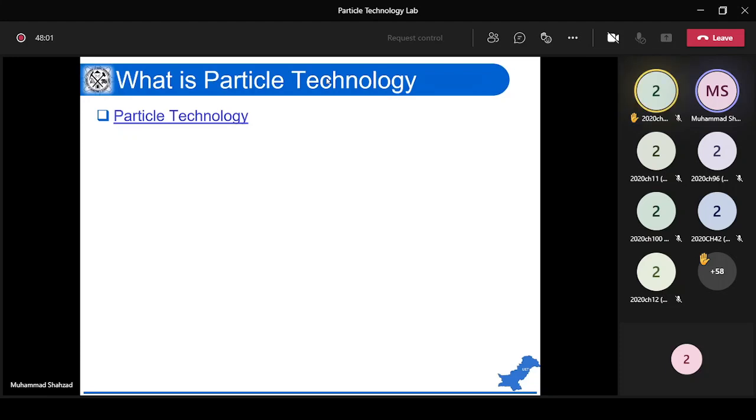It has already been said, but that's all right. Handling of powders, handling of particles, right? Technology related to handling particles and powders. Very right. That's right. Technologies which are being used for handling of particles and powders.